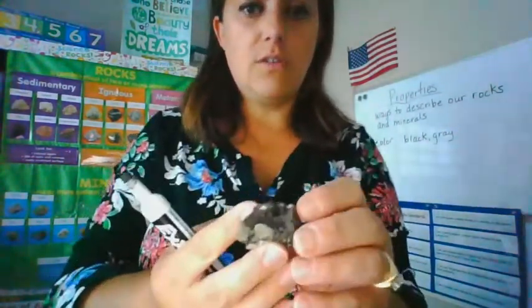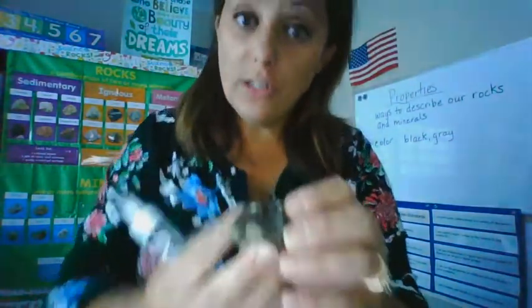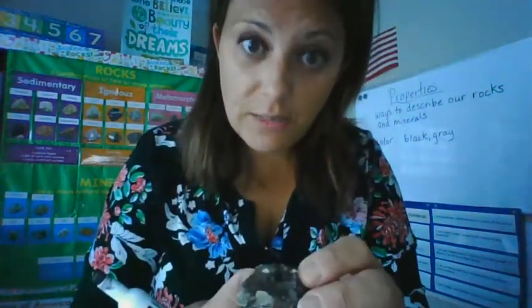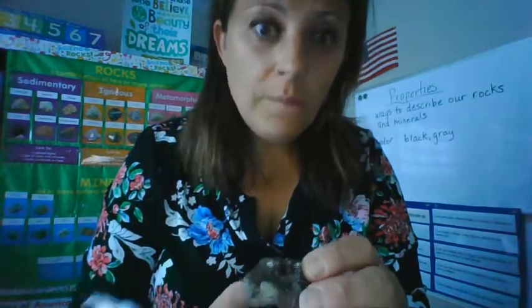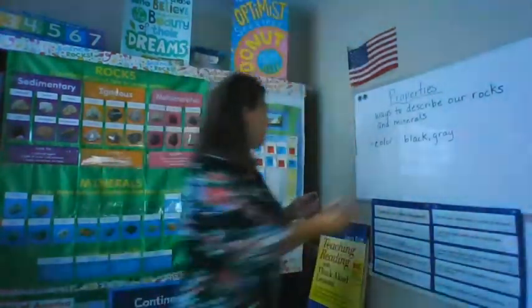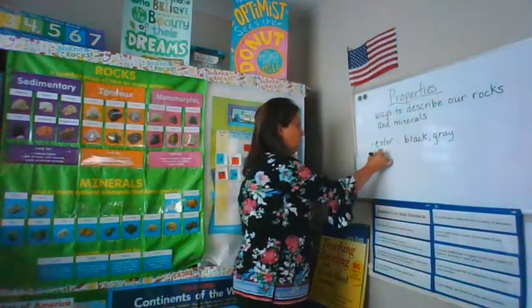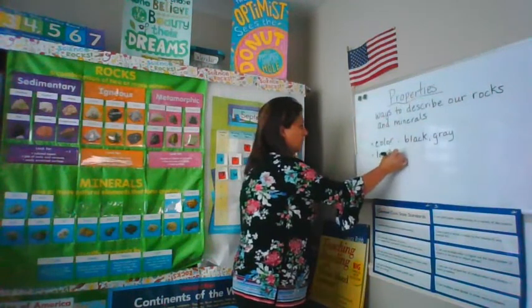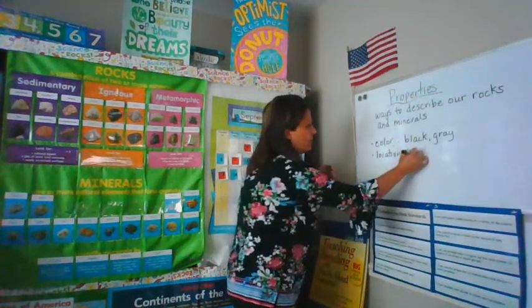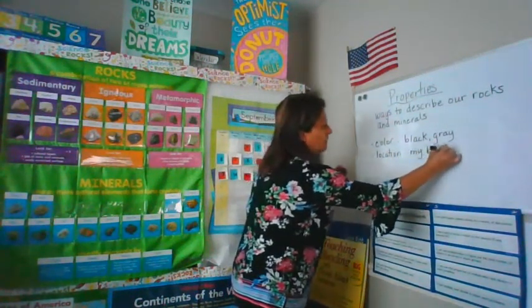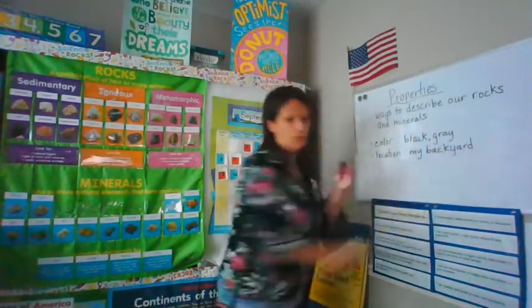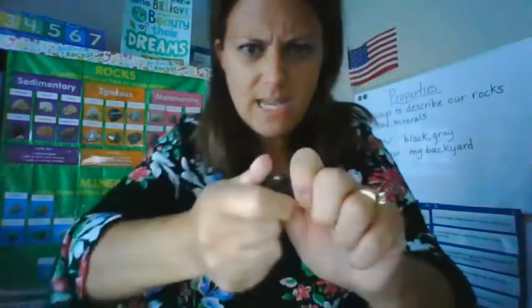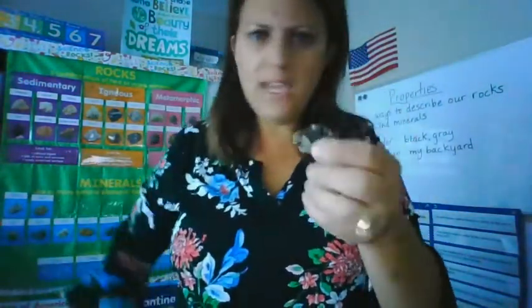What might be another property that we could use to describe this rock? Well, I mentioned earlier I found this outside in my backyard. So location is another property, where it was located. My backyard. And what else? Let me see here. I'm trying to break it. Nope, doesn't break easily.